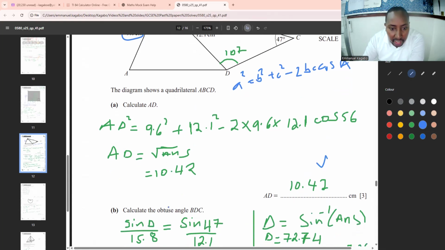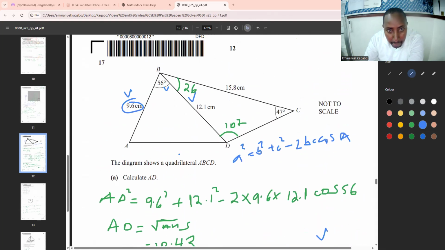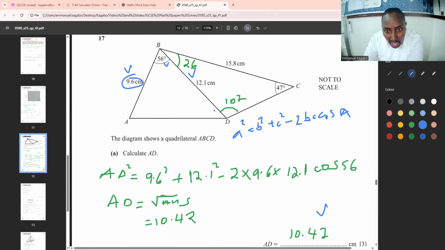Okay? Now, they said find, very interesting question here, guys. Calculate the obtuse angle of BDC. BDC. This is the angle they're asking me, and it has to be an obtuse. Okay? Now, what do you see? I have this side, I have this side, one angle, looking for the second angle. That is two sides, one angle, looking for the second angle.